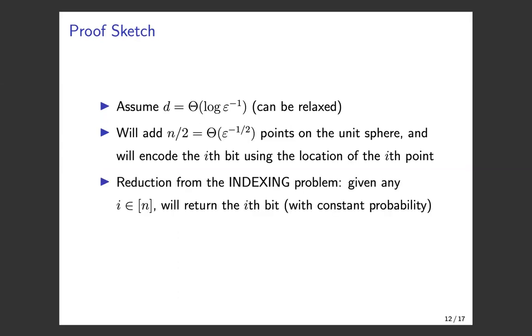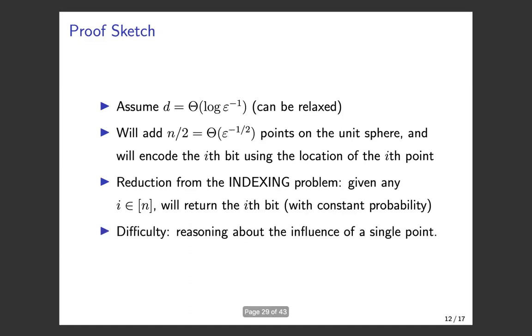Okay, and so just to remind you, the indexing problem is Alice encodes some bits, in this case using the sketch that we assume exists, and then she will give that sketch to Bob, and Bob will, given an arbitrary index i, be able to decode the ith bit with constant probability. Okay, and the guarantee of the indexing problem is that this requires space that is linear in n, and that will give us the guarantee that we want.